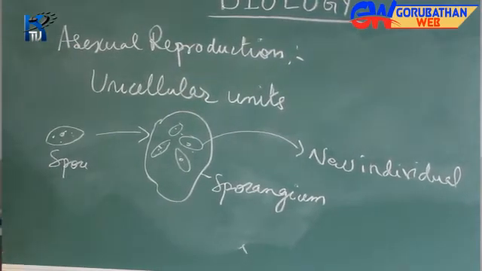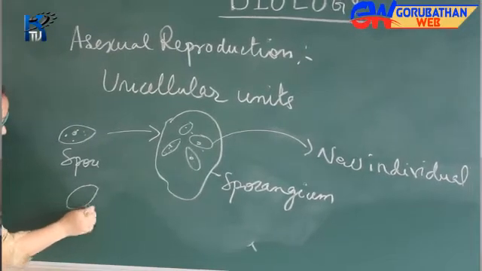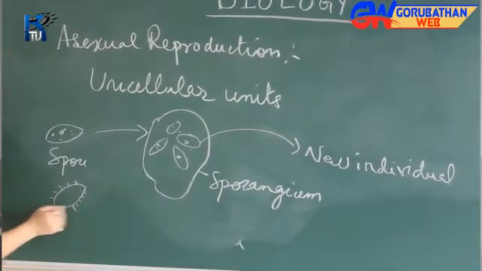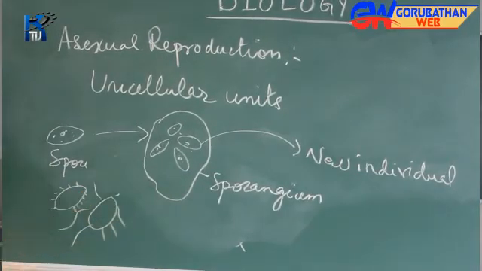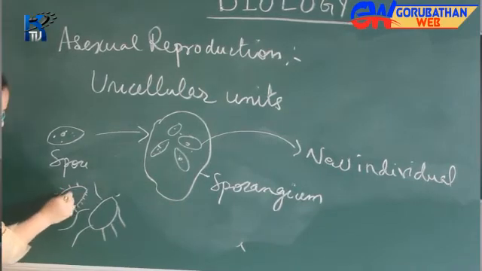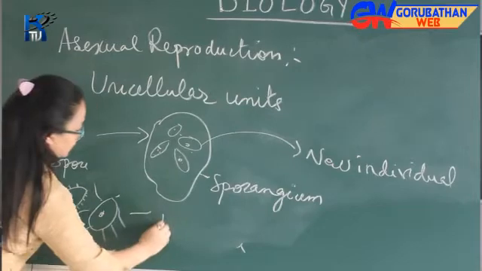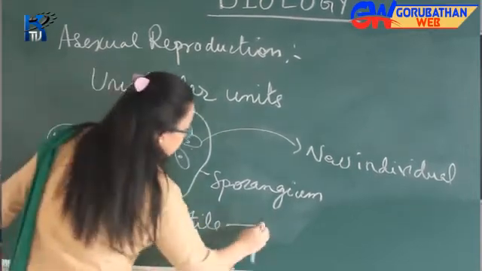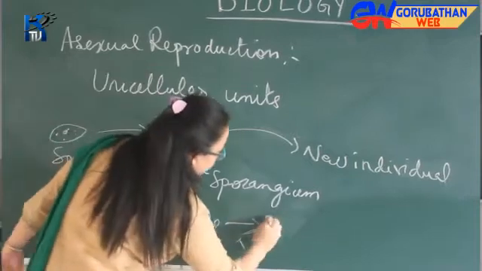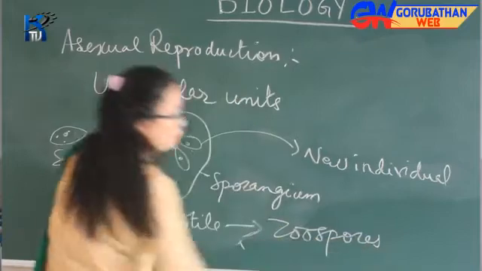Now let me tell you something about the spores. Sometimes the spores are provided with cilia or sometimes flagella. Okay, if it is provided with cilia or flagella, then it is called motile spore, and this type of spore is called zoospore.